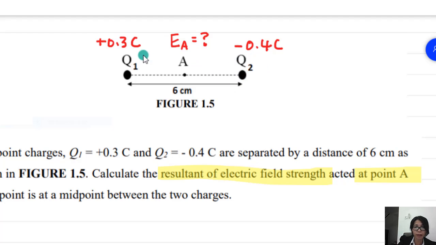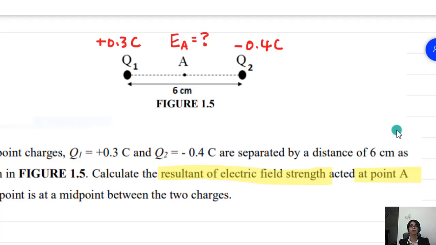At the surrounding of point A, we have 2-point charges Q1 and Q2. Q1 will create electric field strength at point A. At the same time, Q2 also will create electric field at point A. So the resultant of electric field strength at point A will be due to both charges.